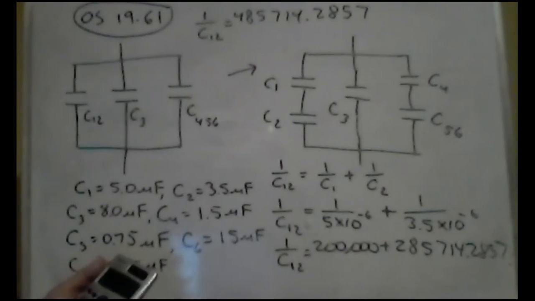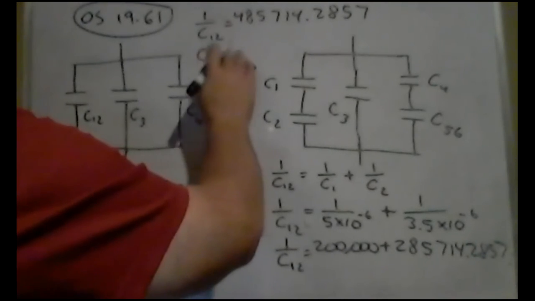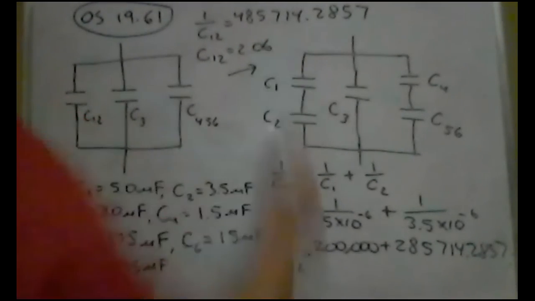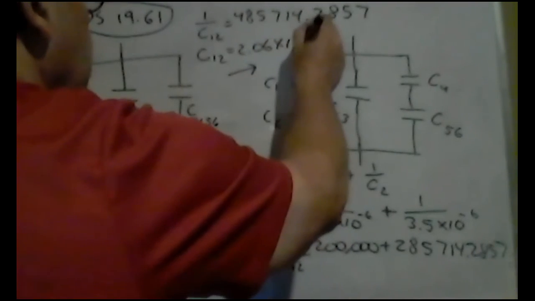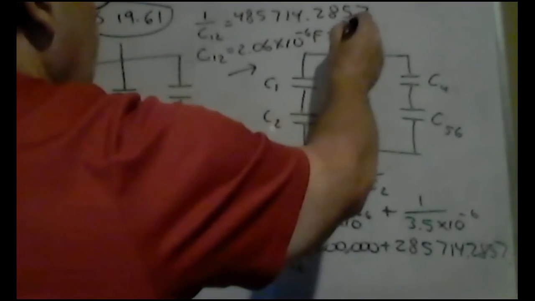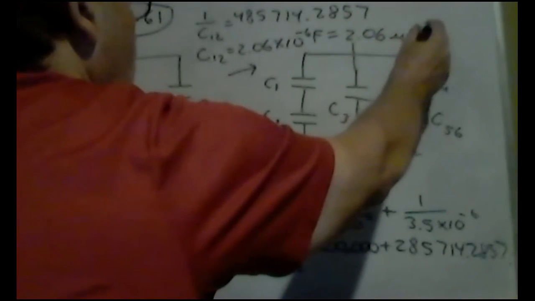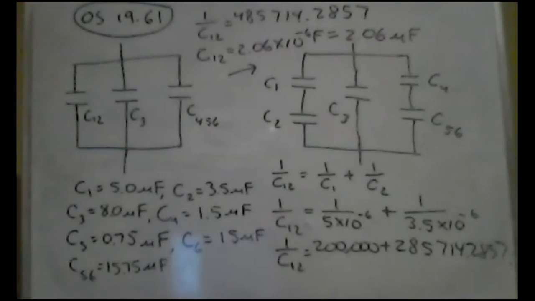You want to flip that number upside down. When you flip it upside down, you get that C12 is 2.06 times 10 to the negative 6 farads, or 2.06 microfarads.